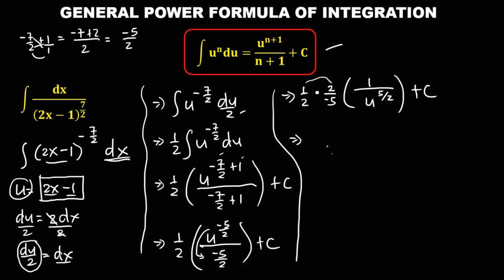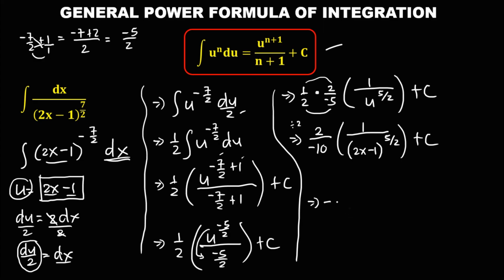And this 1 times 2 is 2, over 2 times negative 5, that's negative 10, times 1 over u, where u is 2x minus 1 to the power positive 5 over 2, then plus c. Then for the final answer, this is divisible by 2.